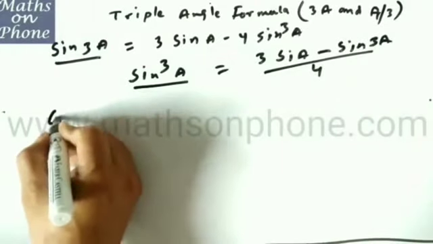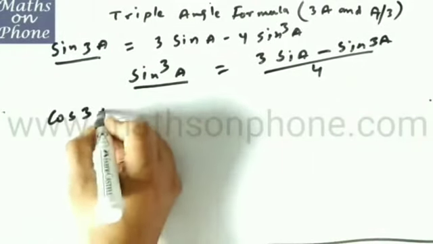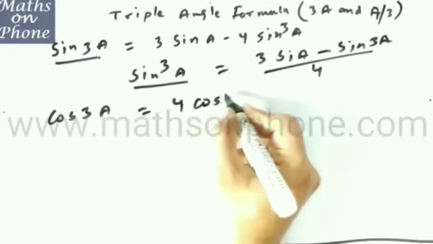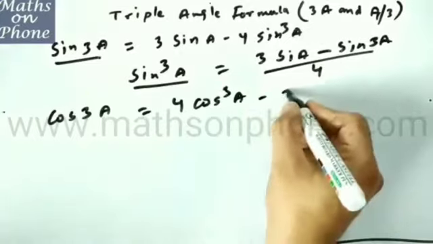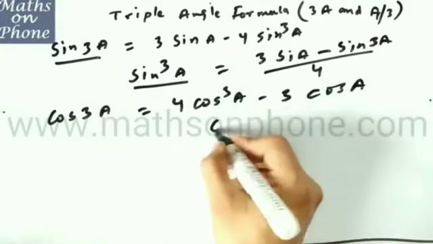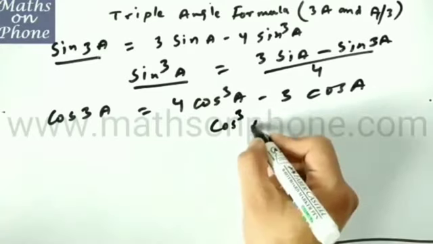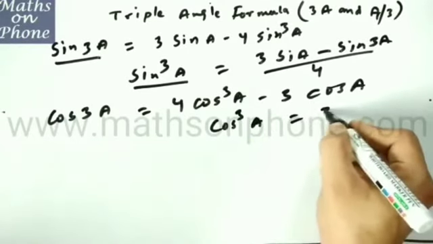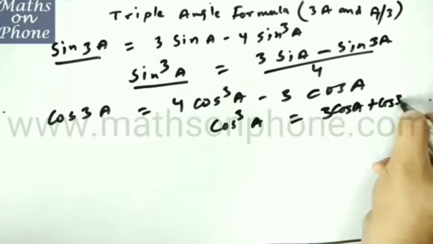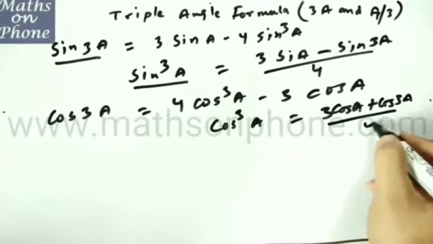Same way, cos 3A. Can you make a guess? This is 4 cos cube A minus 3 cos A. Same way, if you make cos cube A the subject, it will come out to be (3 cos A plus cos 3A) by 4.